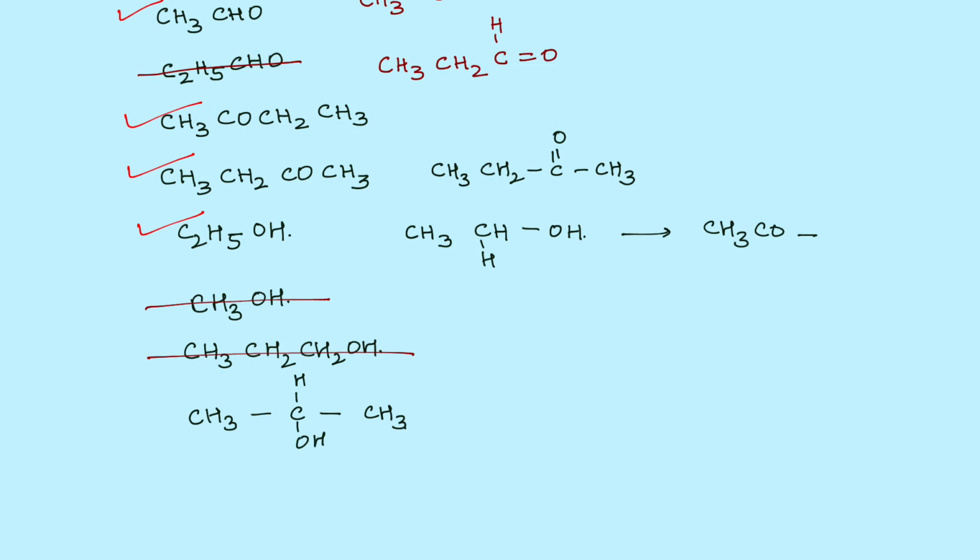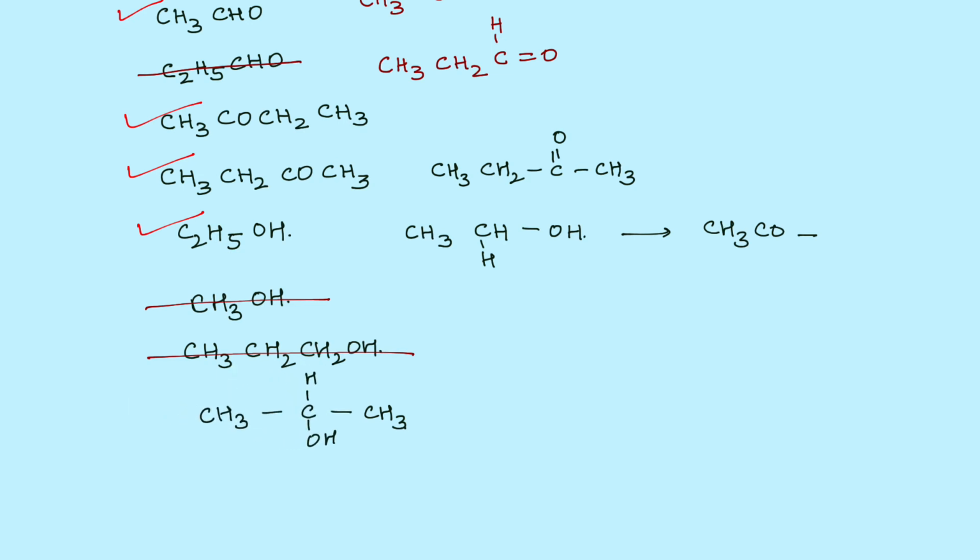Okay, look at another structure that I've drawn over here, right? It's a secondary alcohol. Do you think this will give us the iodoform reaction? Look carefully. What have we got over here? We've got the CH3CHOH group.